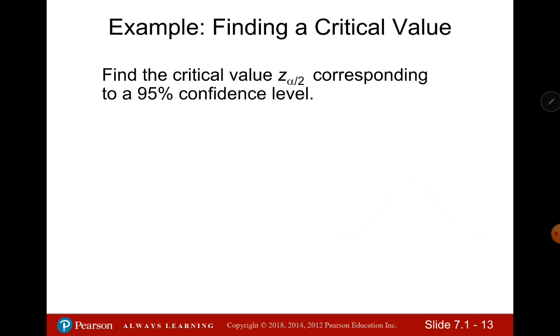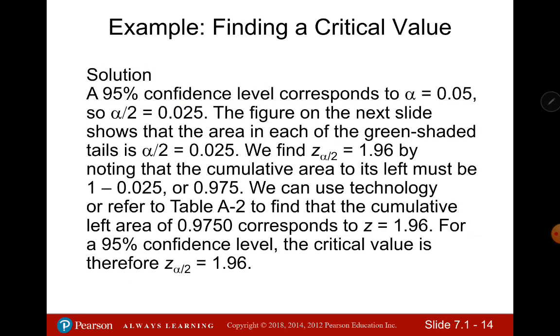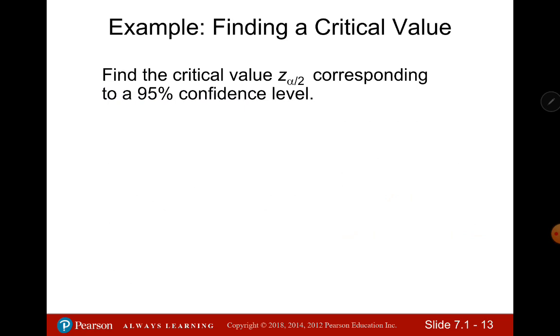Let's check how we can find the critical value here. Let's say we know the confidence level is 95%. We want to find z sub half alpha. To find it, we need to know the alpha value, right?